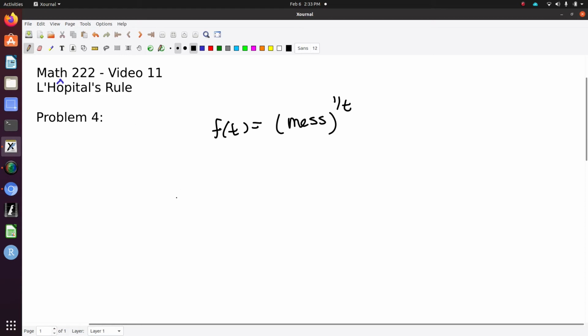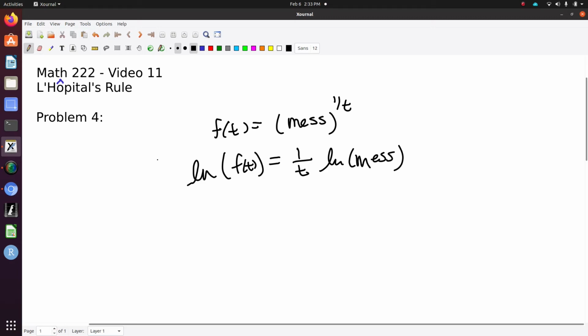And so what I'm going to do is take the natural log of f of t, and that's going to allow me to take the natural log of everything on the right-hand side. So I get the natural log of mess. I'm sorry, I did this wrong: 1 over t times the natural log of mess. So this structure allows you to pop that 1 over t in front of your natural log.